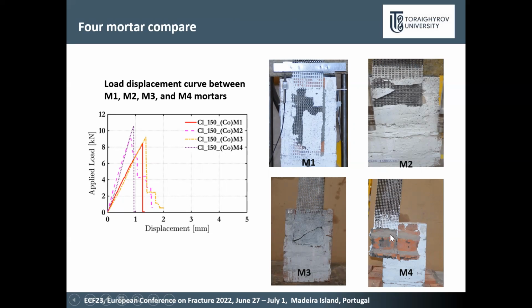In this case, we can explain that the fibers work as anchors, and they give better performance and better adhesion between textile and mortar. And of course, the last mortar, M4, has the highest maximum load and the lowest displacement compared to the others.